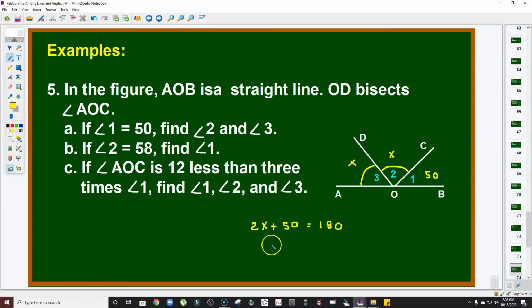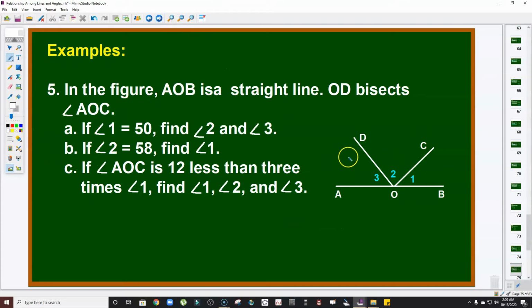And solving for x, I'm going to have 180 minus 50 is 130, divided by 2. So, I'm going to have 65. Since equal yan, yung measure ng angle 2 and angle 3 is equal to 65. Clear? Okay, next.